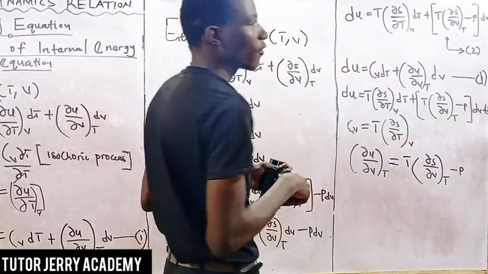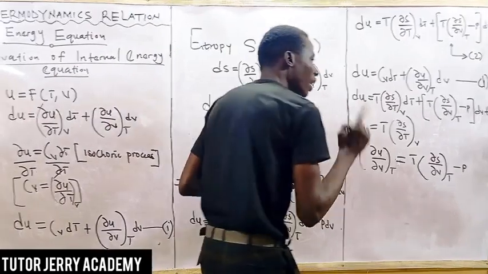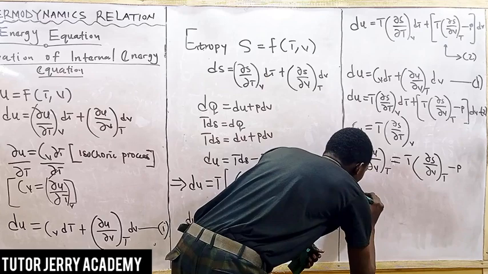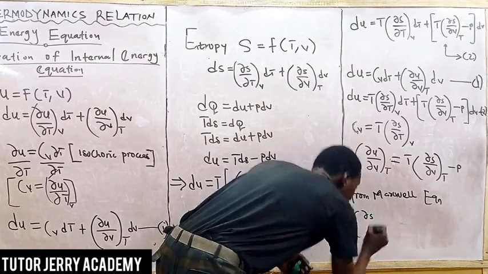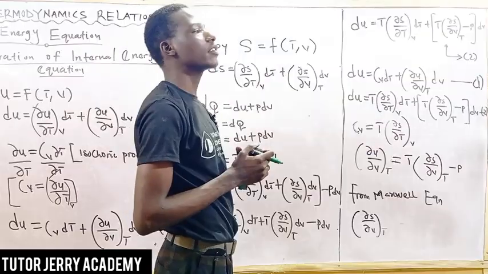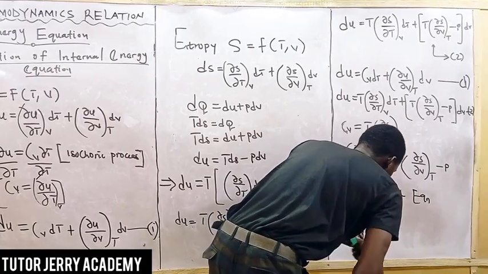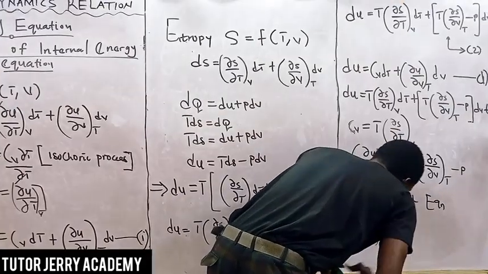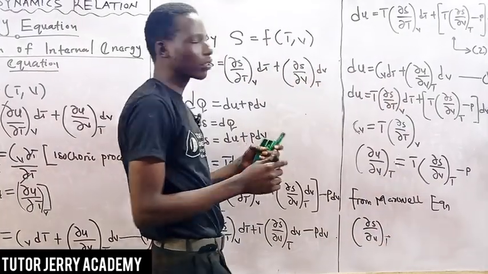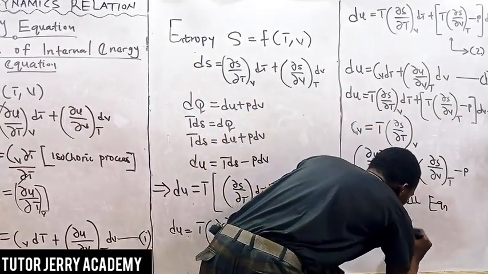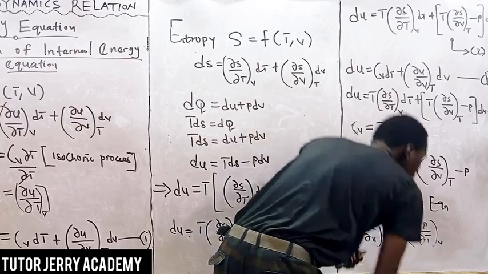Now we know that from our previous video we have proven the Maxwell equations, and from the Maxwell equation, the partial derivative of s over the partial derivative of v, keeping t constant, is equal to the partial derivative of p over the partial derivative of t, keeping v constant.